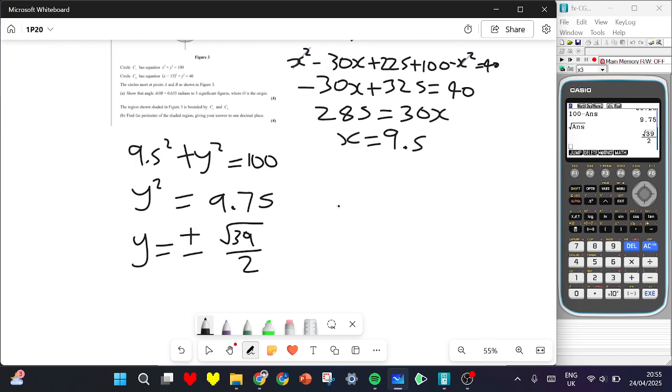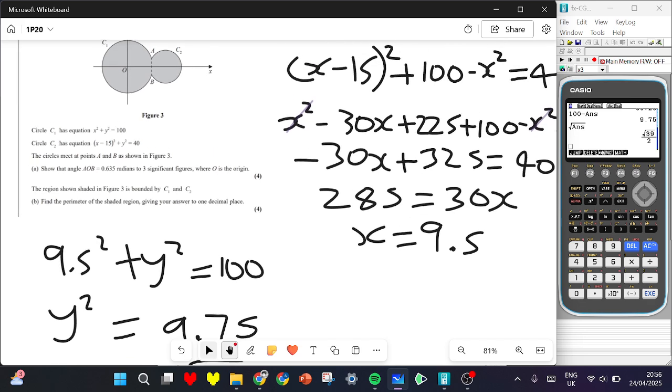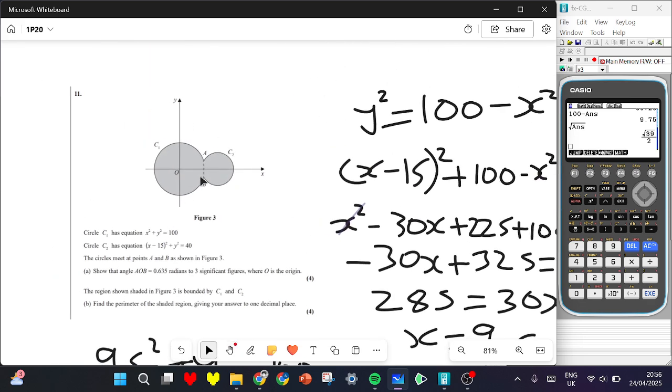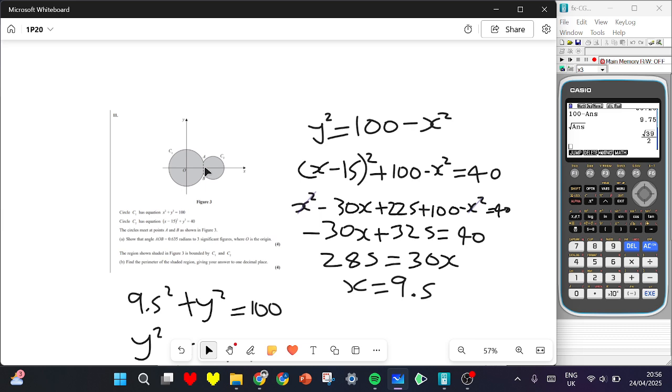So that means that the length from the x-axis to A and to B is root 39 over 2.